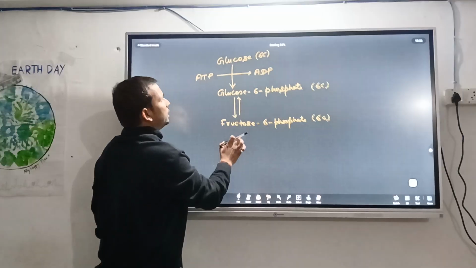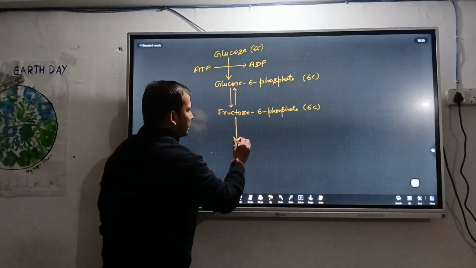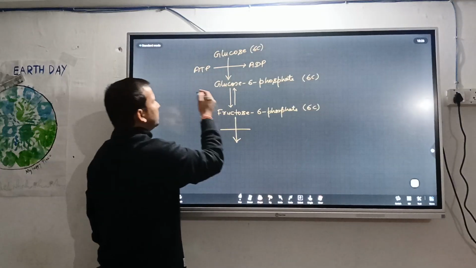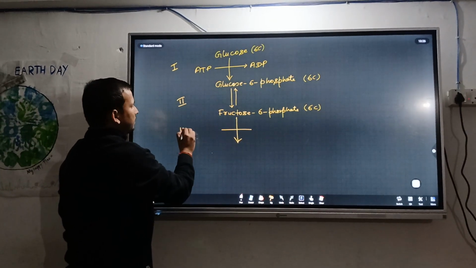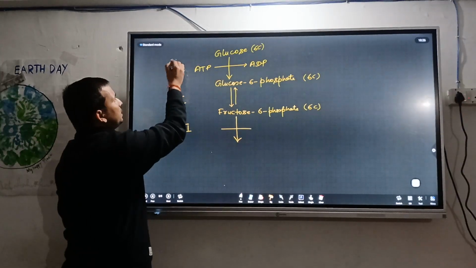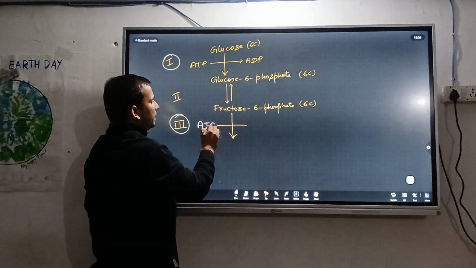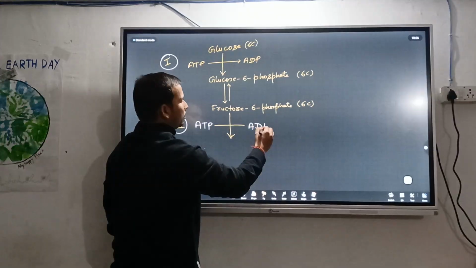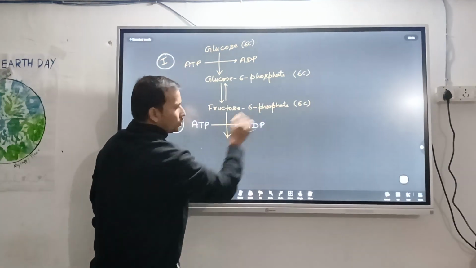Enzymes are also important. This is the first step, this is the second step, and this is the third step. I told you that in the first step and the third step ATP is used.